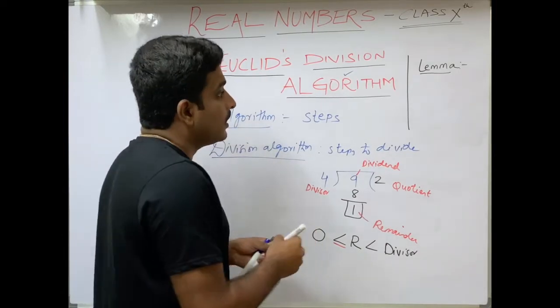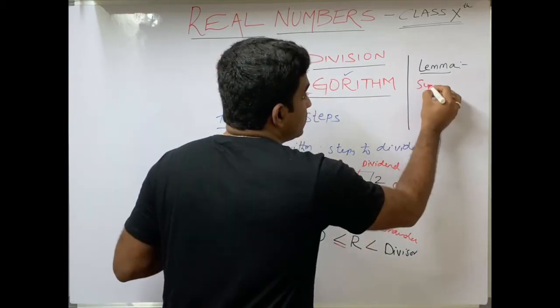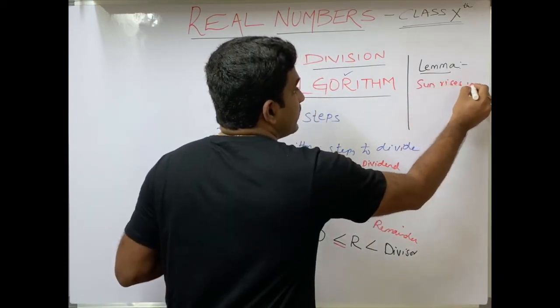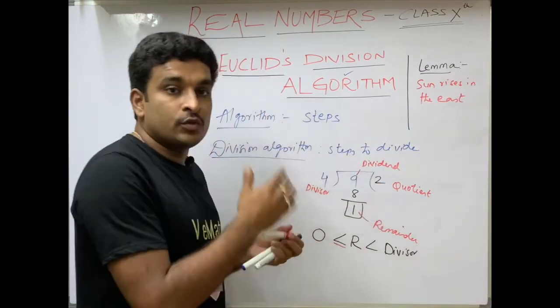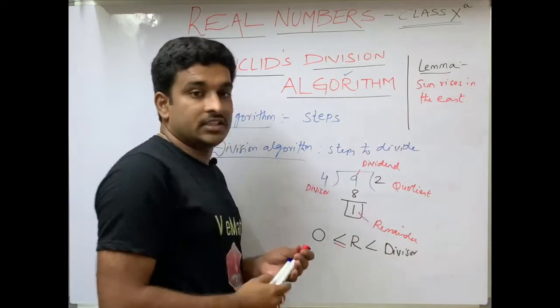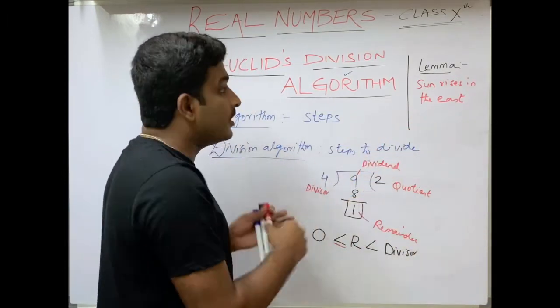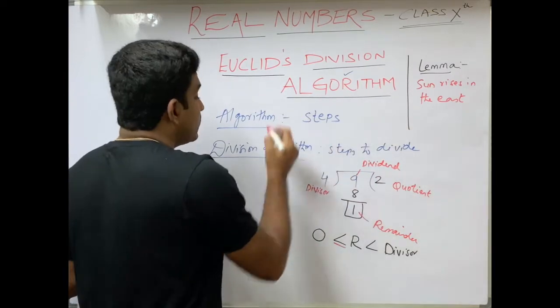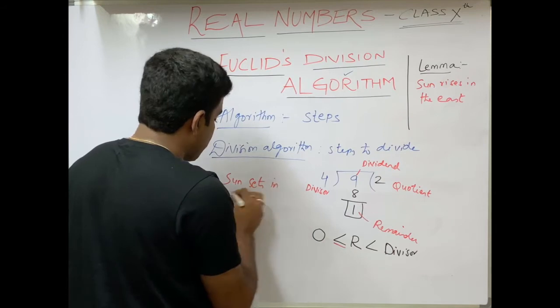For example, we know the fact that the sun rises in the east. This is a universal fact, which means it is already proved. By using this statement, we can directly say that the sun sets in the west.